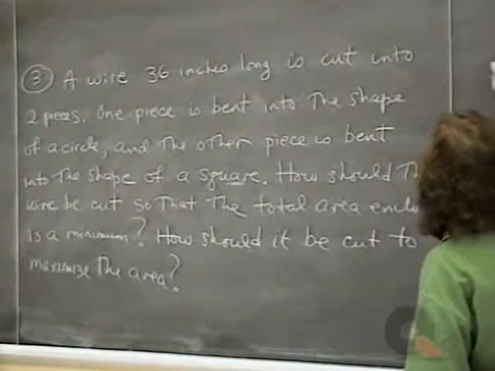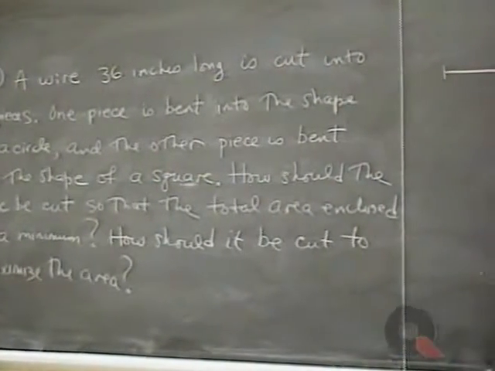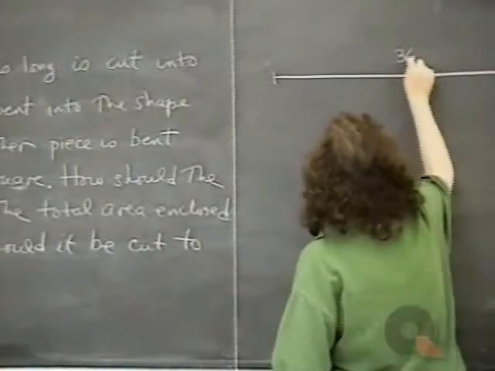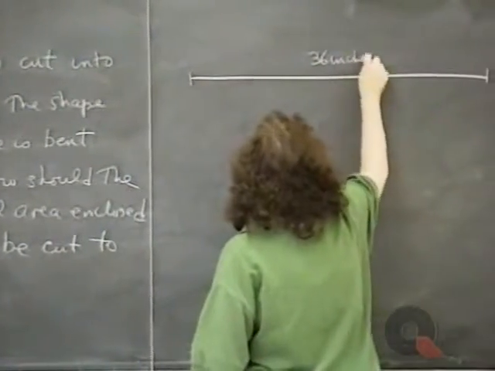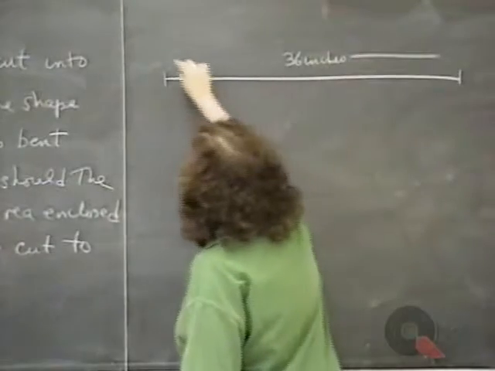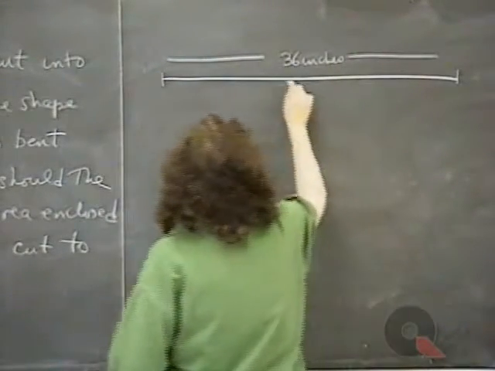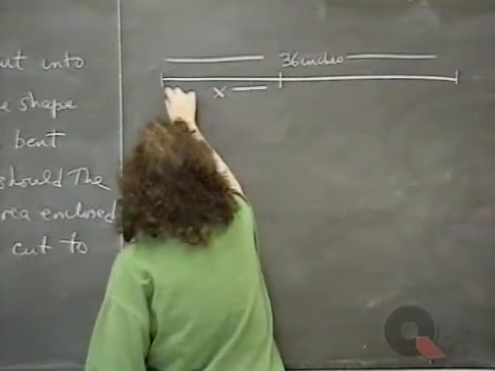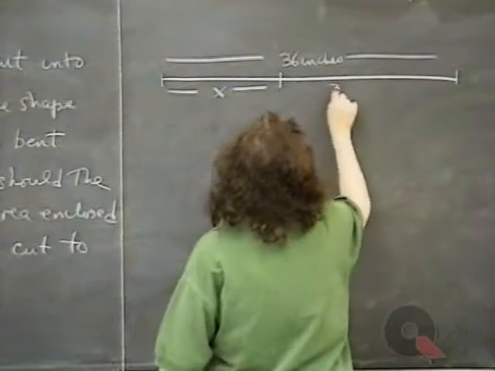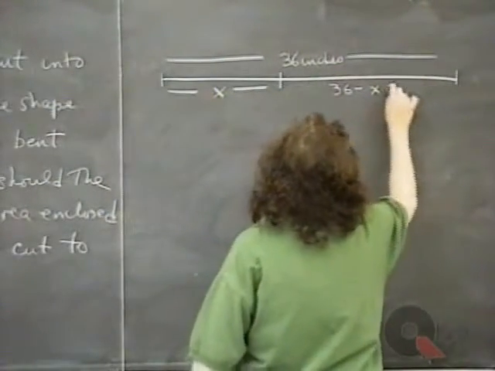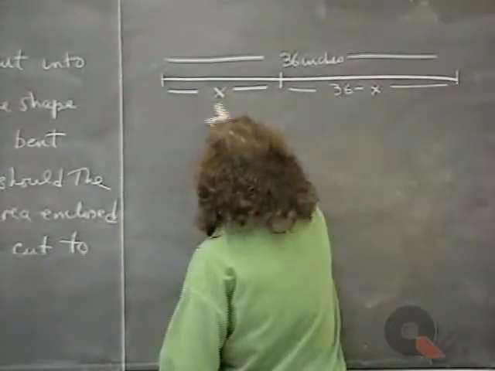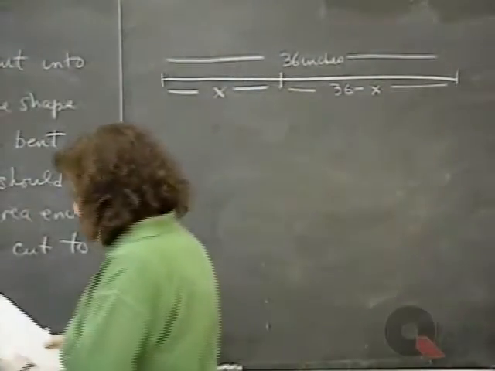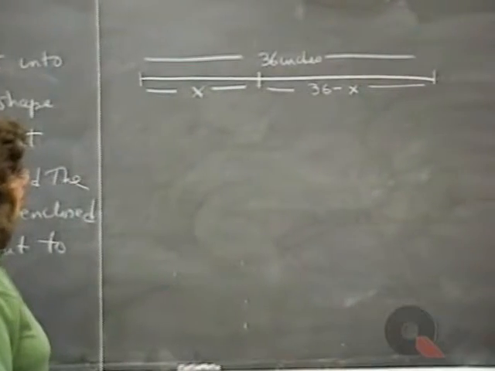I'm going to take my wire, which is 36 inches long, and put a cut in at some point, let's say X inches from one end. So it's now split into 2 pieces. One is X inches long and one is 36 minus X inches long.